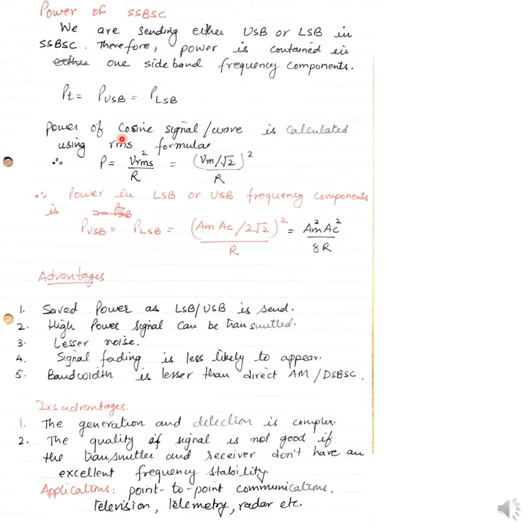So it will be equal to (Vm/√2) whole squared divided by R, where Vm is the maximum amplitude of the signal. Therefore, the power in the LSB or USB frequency component is equal to (Am Ac / 2√2) whole squared divided by R, which is Am² Ac² divided by 8R.